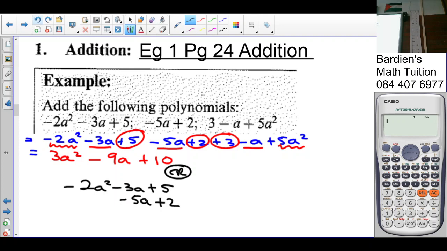And then we got 3, where must the 3 go, under the 2? There's no sign, so it is positive. Where must the a go? Under the negative 5. And where must the 5a squared go? Under the negative 2a squared. You guys understand?